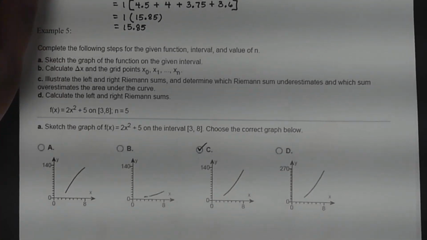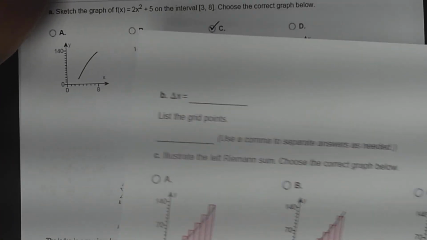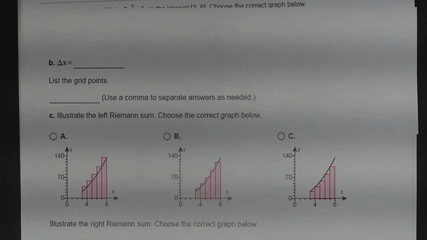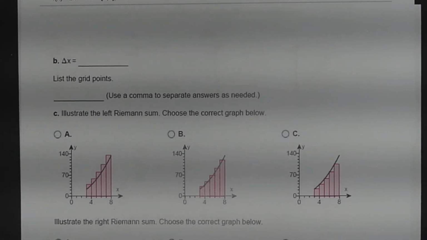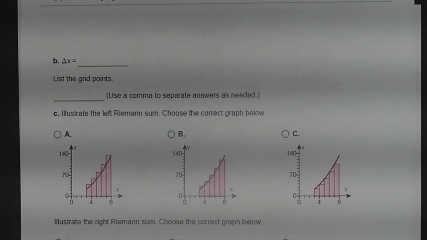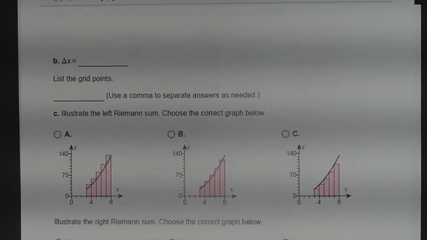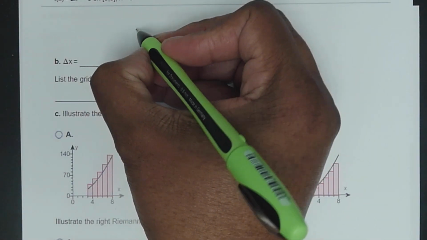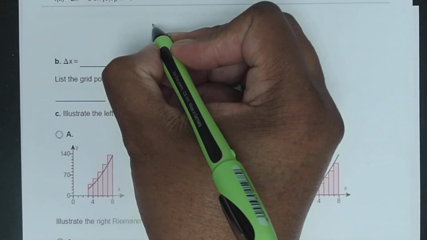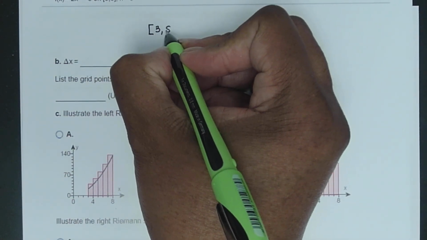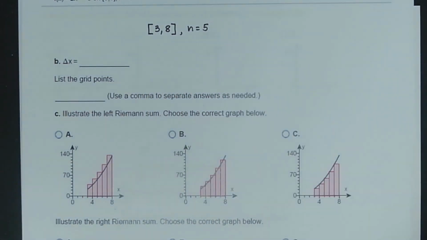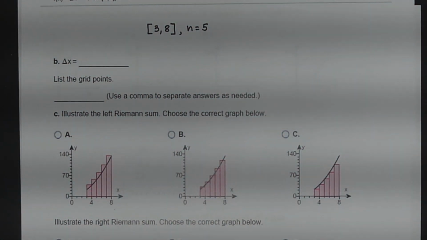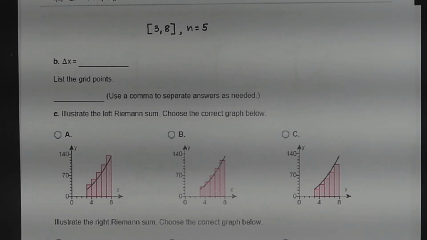Now I'm going to go to the next page for part B, calculate delta x and the grid points. In this case, our interval is from 3 to 8, and the number of subintervals, n, will be 5.